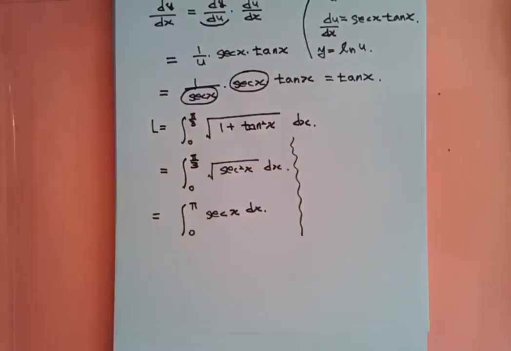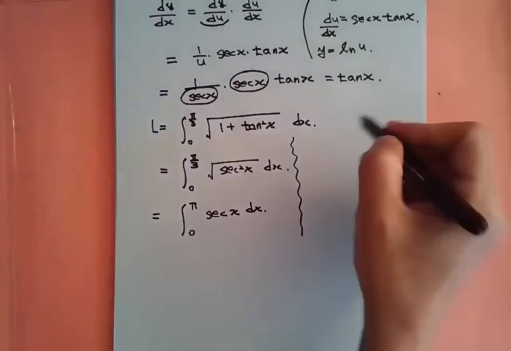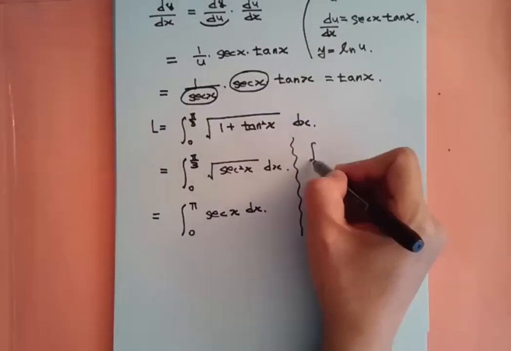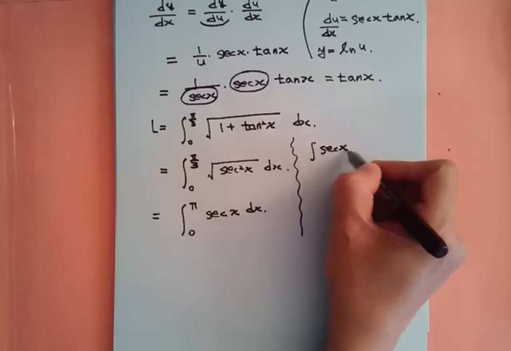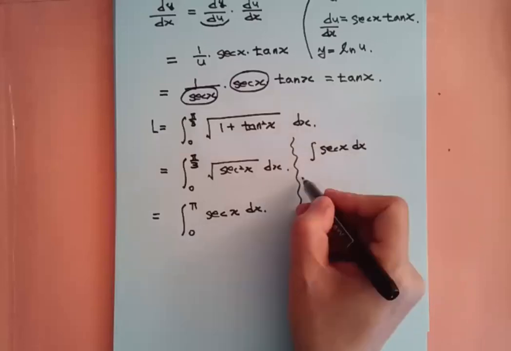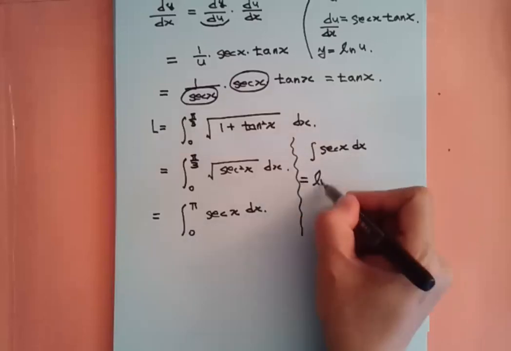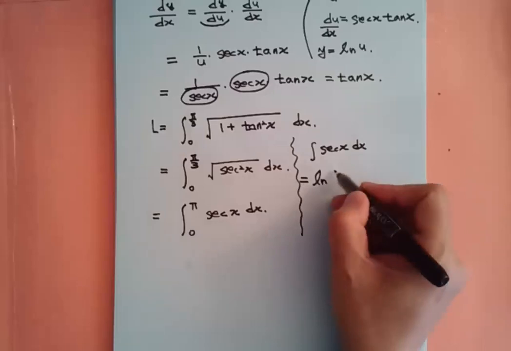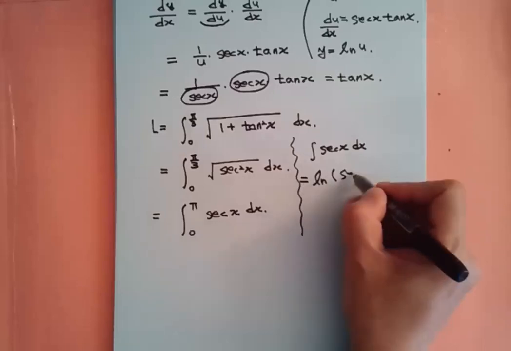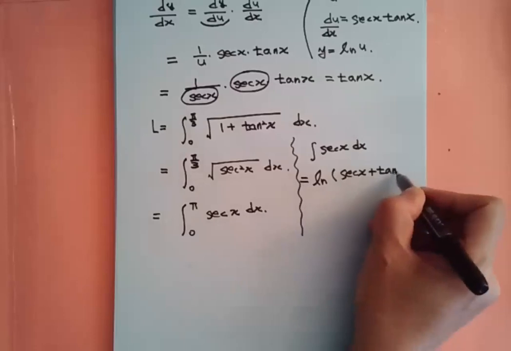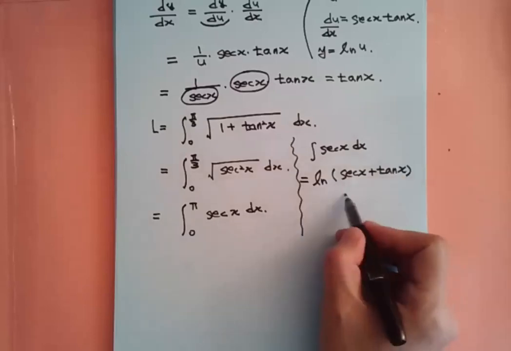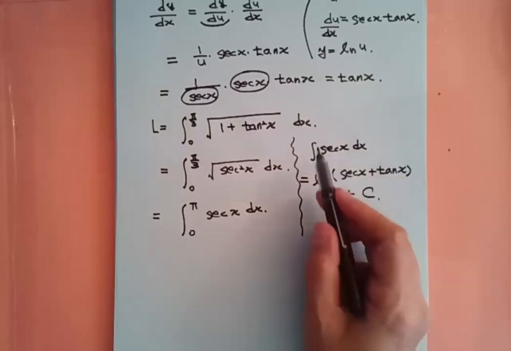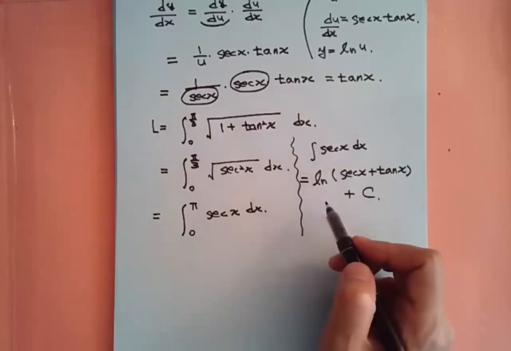The integration of secant has a very special formula. So the integral of secant of x dx is natural log of secant of x plus tangent of x plus c. So this is the formula which you learned.